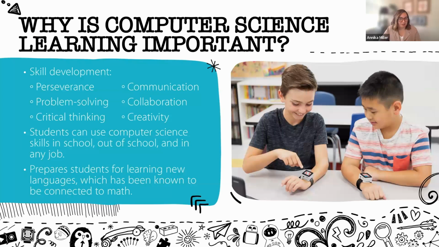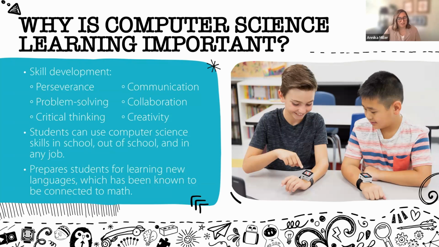So why is computer science learning important? Not only is it going to be an area of high demand jobs like Steph mentioned, but as we said before, computer science learning teaches students to develop important skills like problem solving, critical thinking, communication, collaboration, creativity, and perseverance.